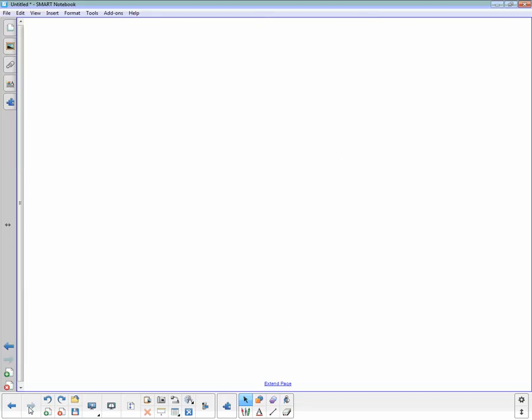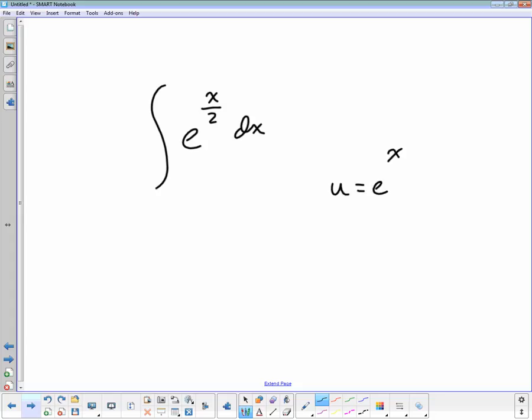Remember that if I have e to the x over 2, when I integrate that, what do I have really? Let's say u is equal to e to the x over 2. Well, du is equal to e to the x over 2 times the derivative of x over 2, which means 2 du is equal to e to the x over 2 dx.